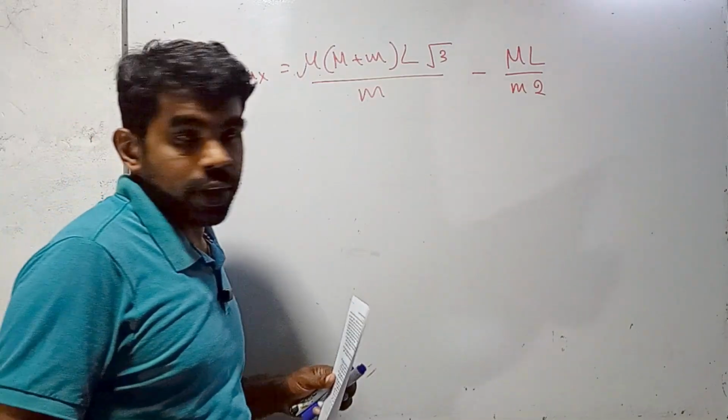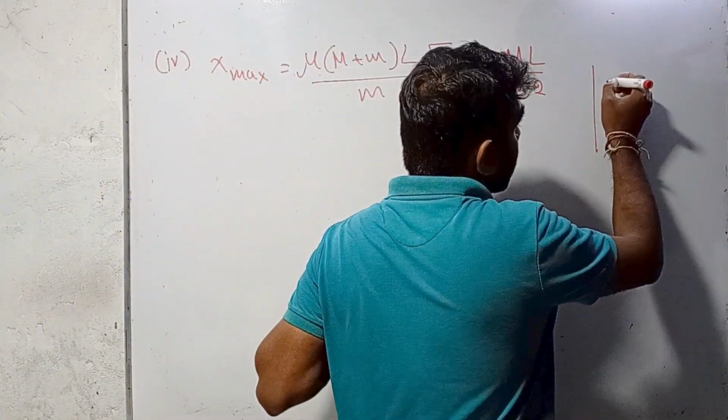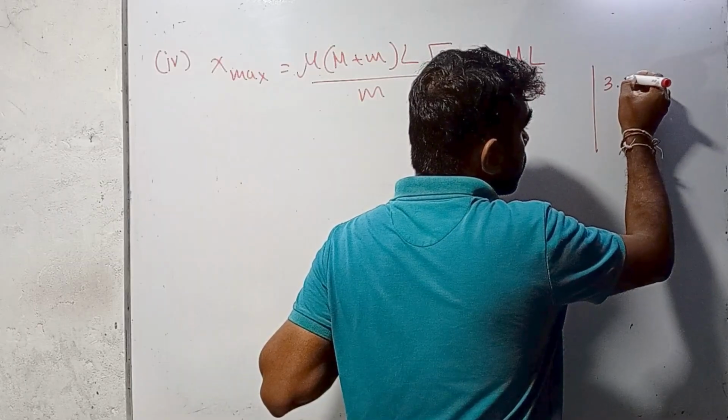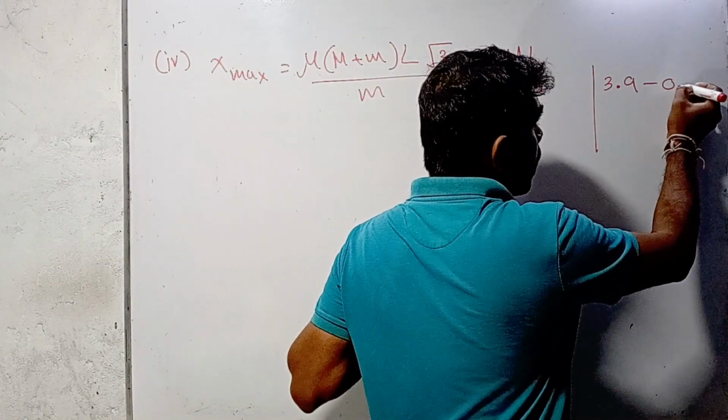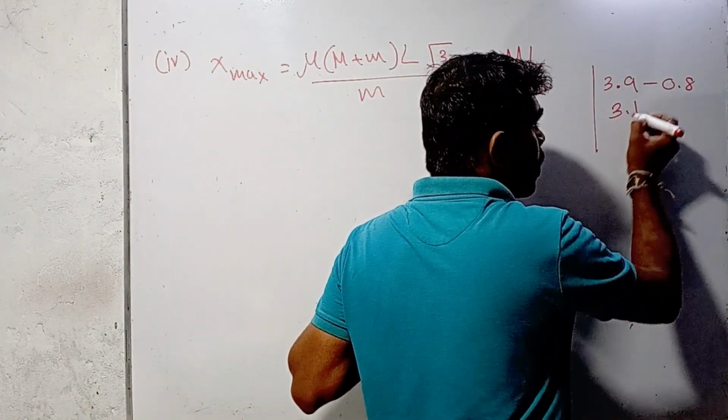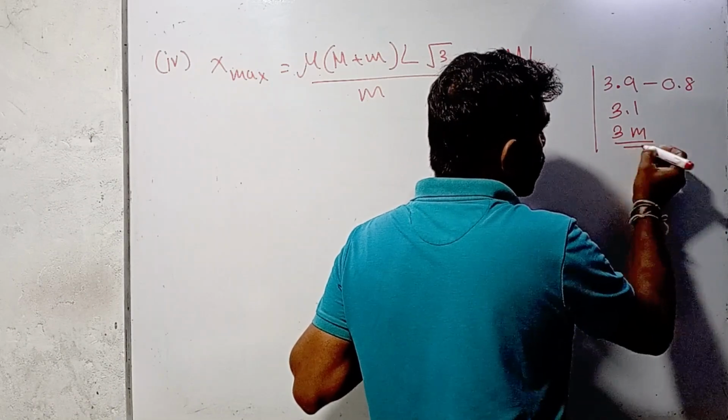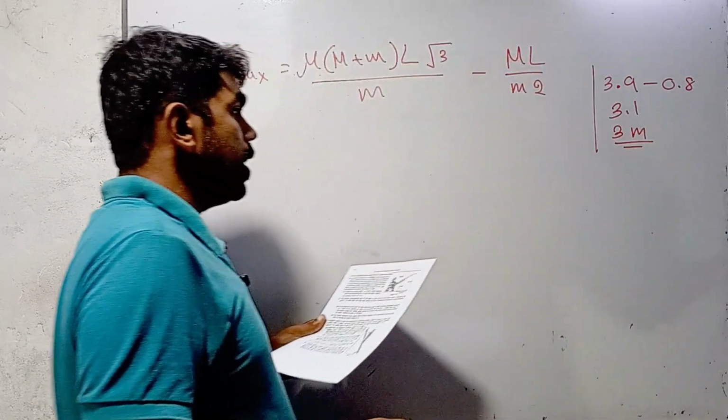Then in the previous calculation we have to subtract; we have obtained 3.9 and 0.8. Then the answer should be 3.13 meters for part 3.